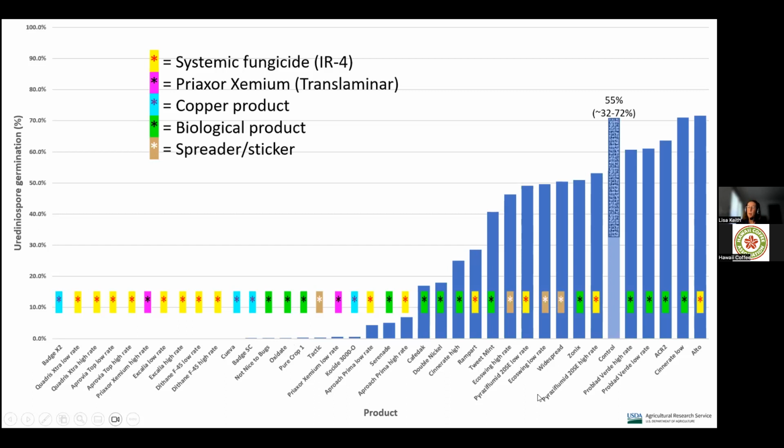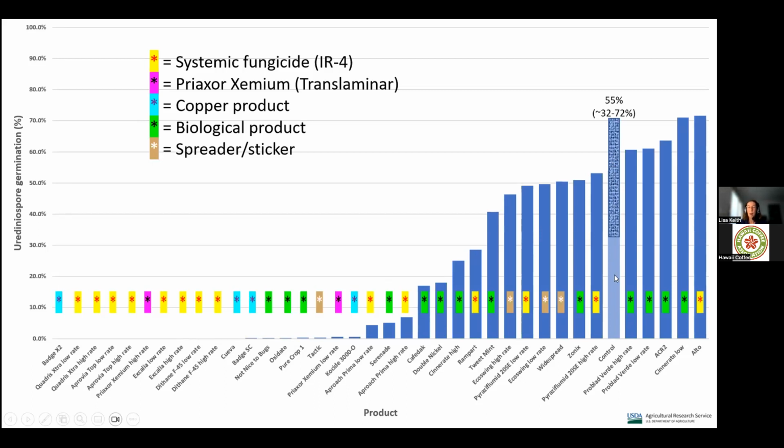We try to find some of these other friendlier products, maybe essential oil based, more for organic. It's a mixed bag, what it does to the spores, killing or not killing. You can actually see that some of these other things, compared to the water control that we always run with the test, definitely show variability.